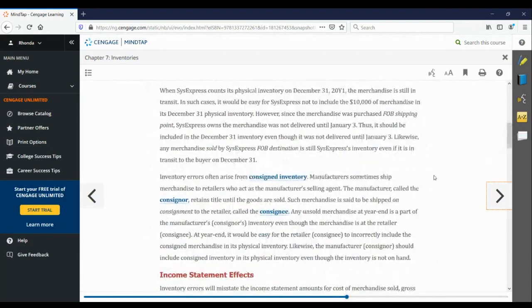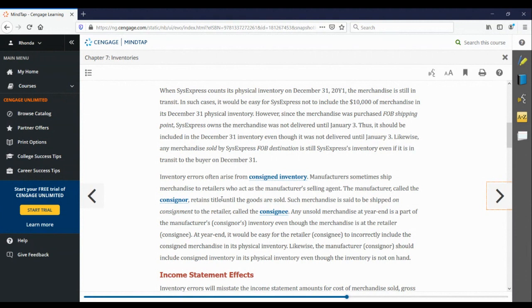So they might ship the merchandise to retailers who will act as the manufacturer's selling agent. And so the manufacturer in this case would be called the consignor. They're going to retain the title of the goods until they're sold. So even though they've sent it to a store, it's still going to be considered the manufacturer's inventory.